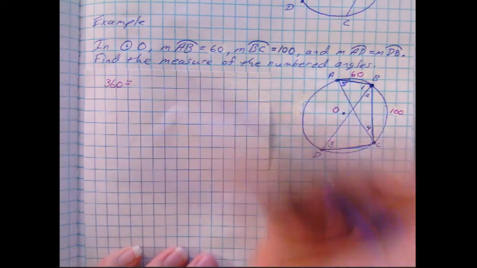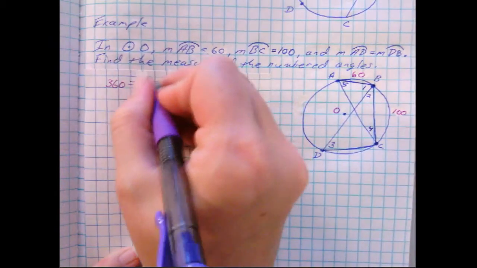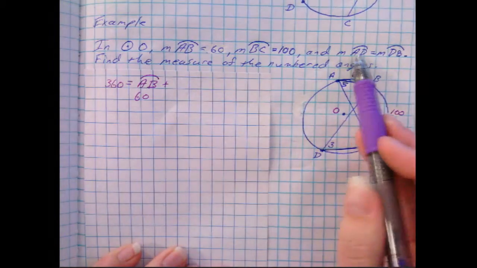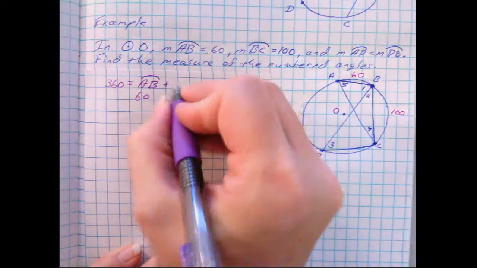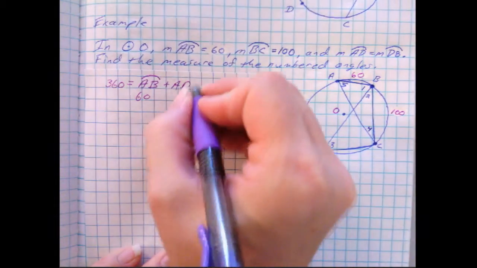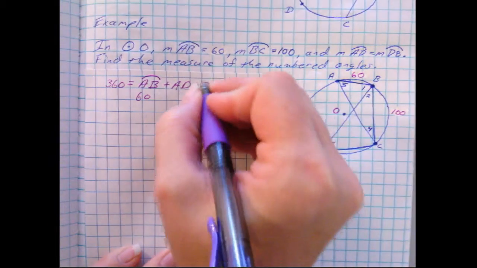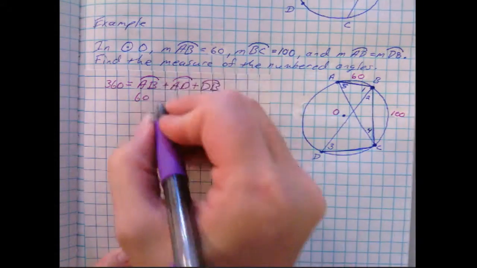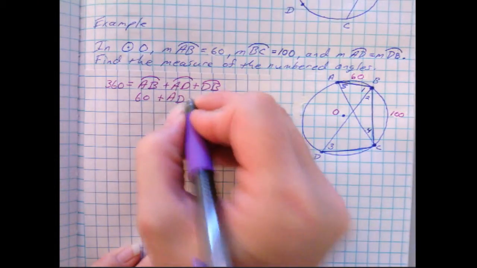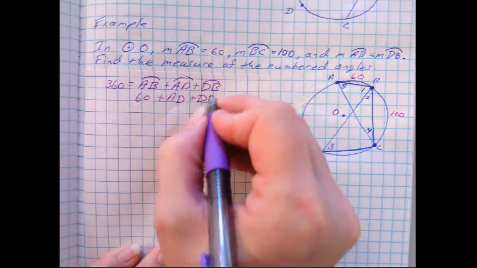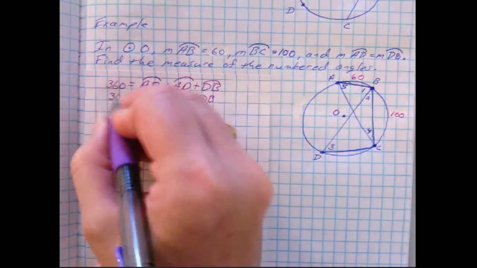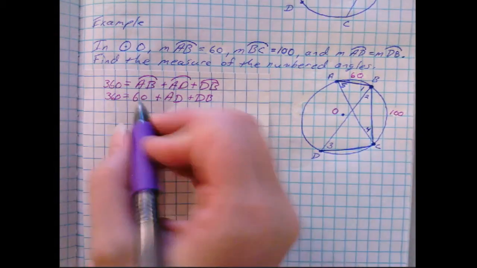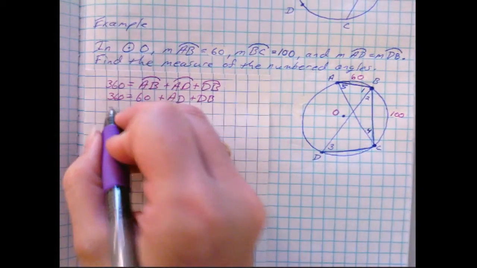I need my AB, which is 60, plus my AD and my DB, and I know that those are the same. And that equals my 360. Okay, so then from there I'm going to subtract my 60 from both sides.